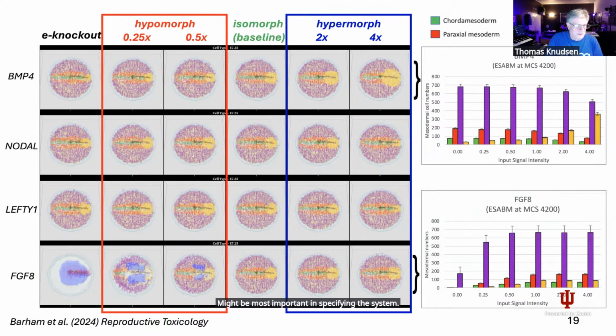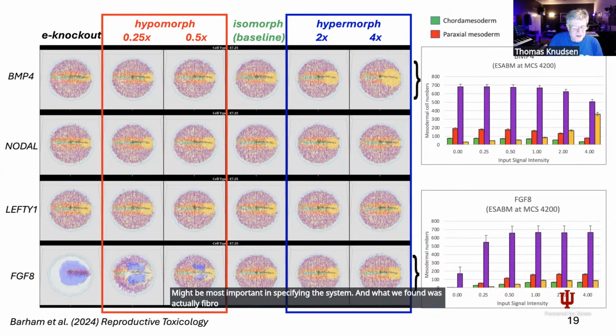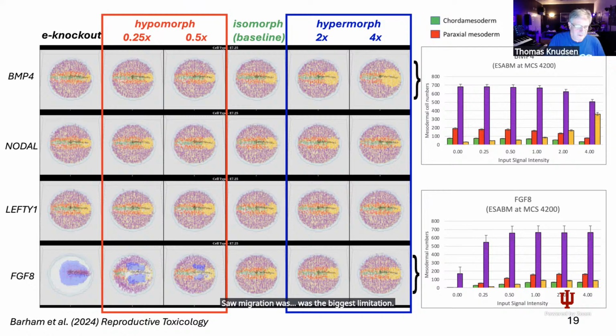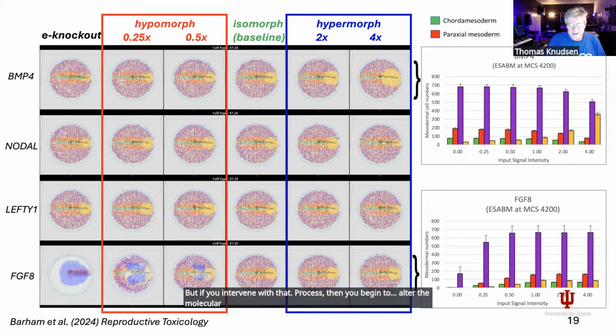And what we found was actually fibroblast growth factor 8 induced cell migration was the biggest limitation of mesodermal formation. But if you intervene with that process, then you begin to alter the molecular address of those mesodermal cells.